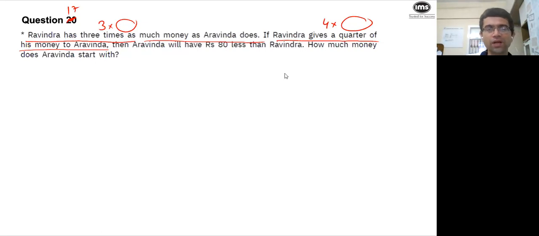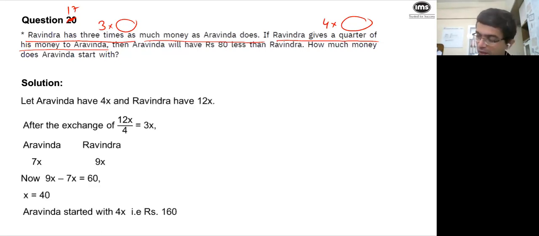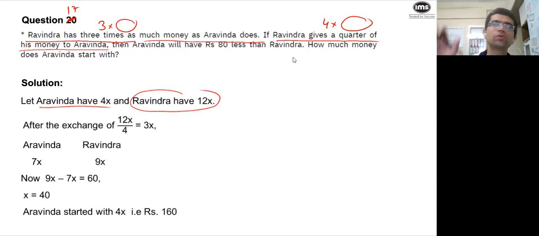So assume the amount that Ravindra has as a multiple of 3 and 4, so that Arvinda's money is also an integer. So I'm going to assume let Arvinda have 4x and let Ravindra have 12x. Hope all of you understood the logic of 12x. 12 is a multiple of both 3 and 4. I'm trying to avoid any fractions in the whole scheme of calculations.